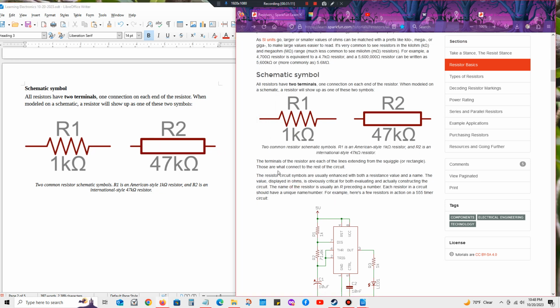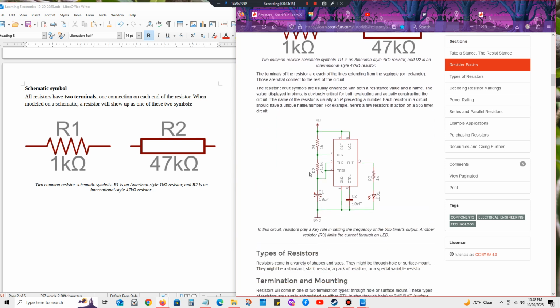So this uF, I think that stands for microfarad. I can't say the word microfarad. I've seen this symbol, I just forgot.